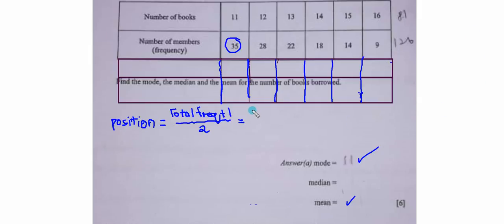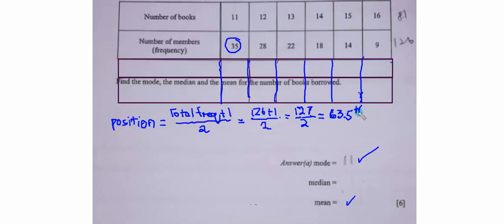Okay, now, so it's 126 plus 1, so it's 127, divided by 2 is 63.5.